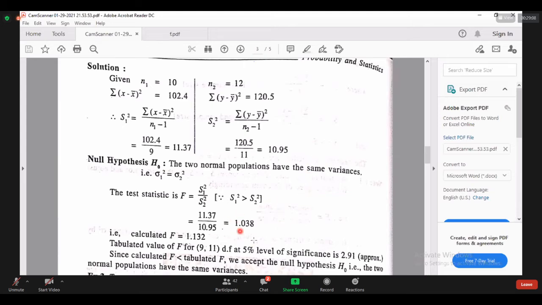That's why here we take degrees of freedom as n1, the sample size minus 1. Here they are discussing variances only. One population parameter we are estimating. The degrees of freedom definition we discussed at the start of this class.